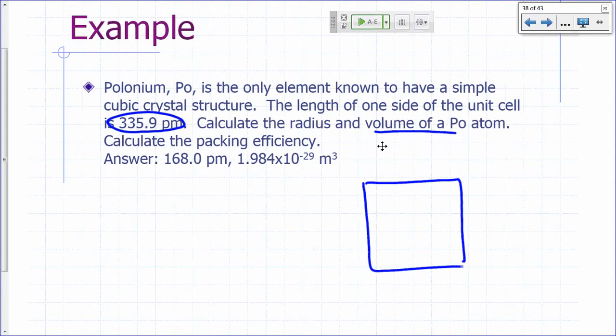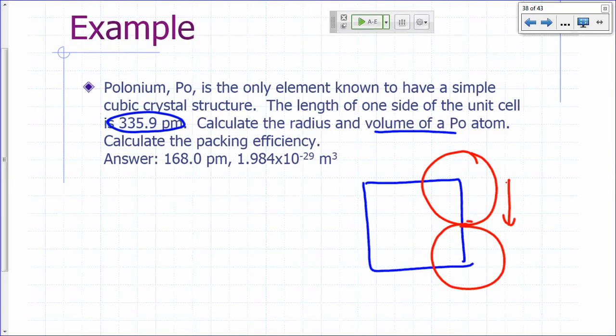If it's a cubic cell, here's one polonium atom, here's the other polonium atom, simple cubic. This is the radius, and that's the radius. This is center to center, right? So a, the side of the cube, we say is equal to 2r.